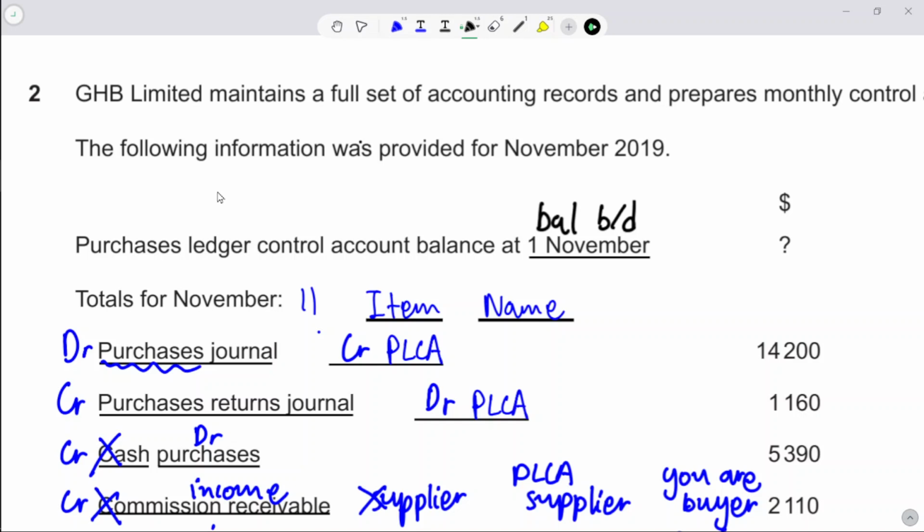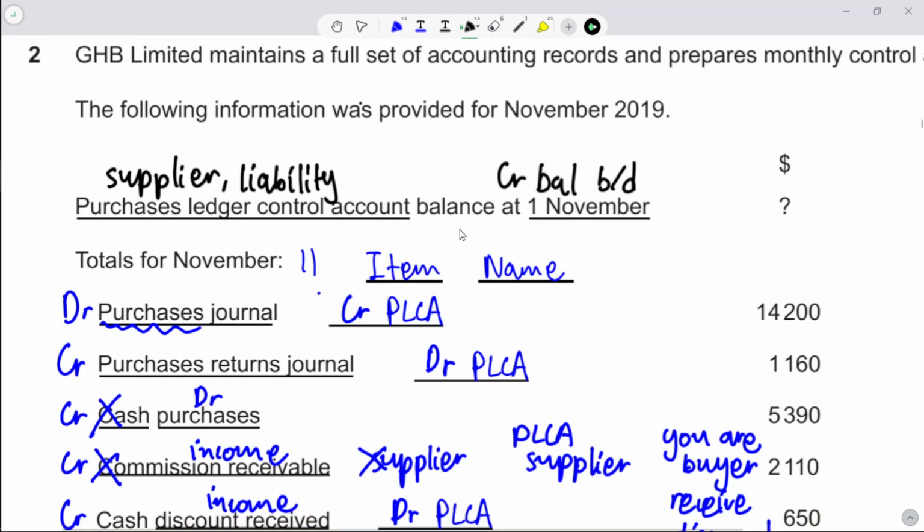So this one, purchase ledger control account, as you know, is actually supplier, so it's a liability. So this one will be credit.